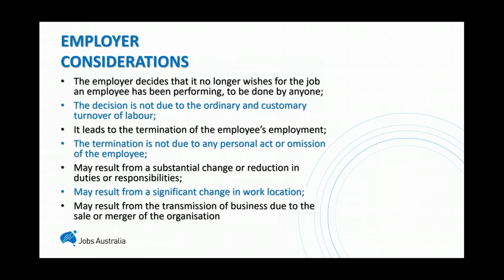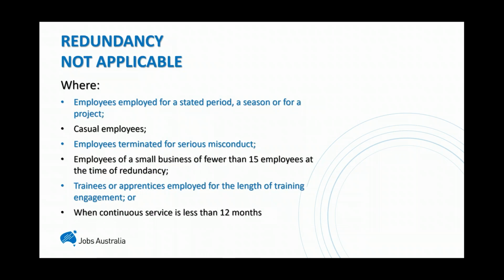As I mentioned previously, other examples could be an agreed reduction in hours or redeployment to a different position within the organisation, together with some training. So redundancy is not a result of performance, and that's a critical thing to remember. It's about the position, not the person in the position or the way that they've performed in the role.